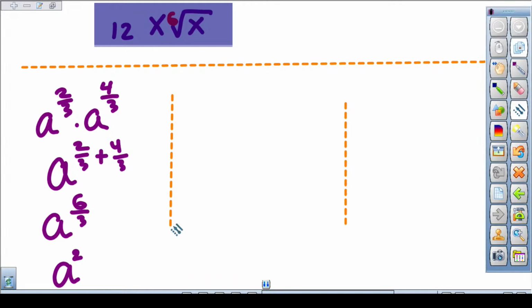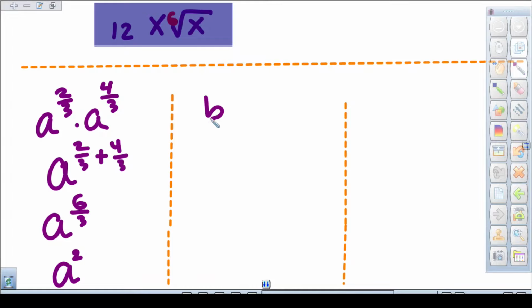Here's another one that has a little bit of a twist to it. Let's say I have (2b to the 1/2) times (3b to the 1/2).